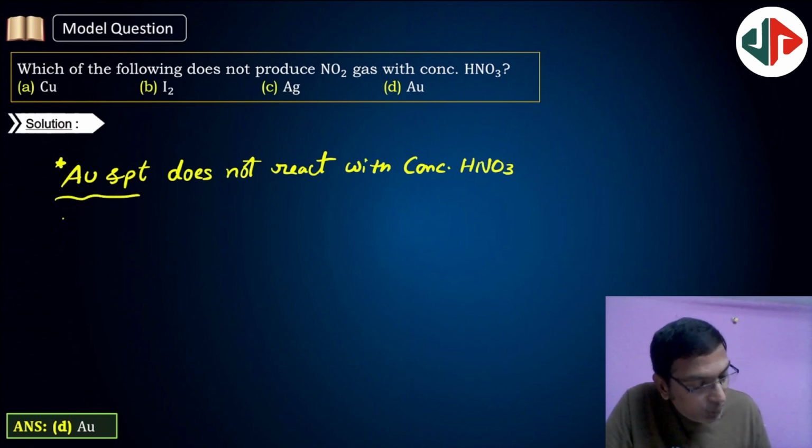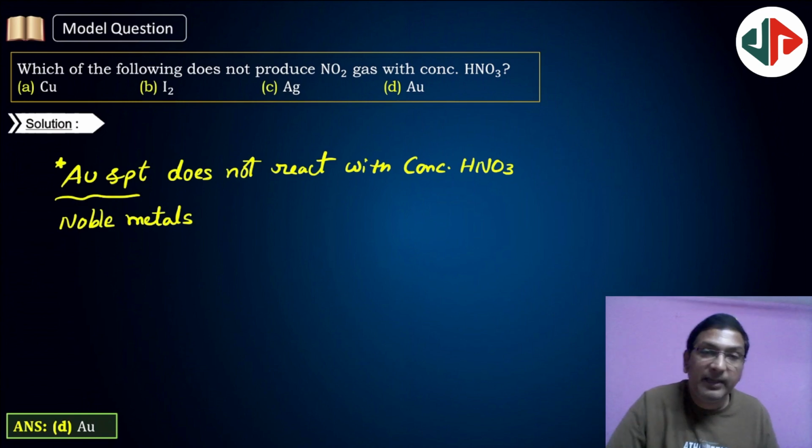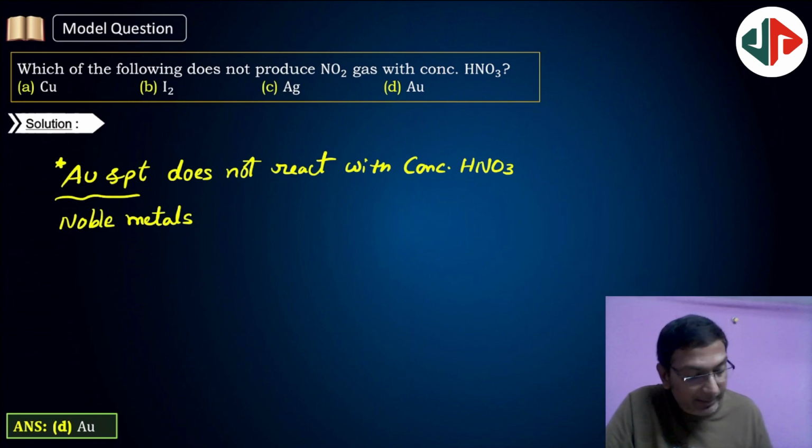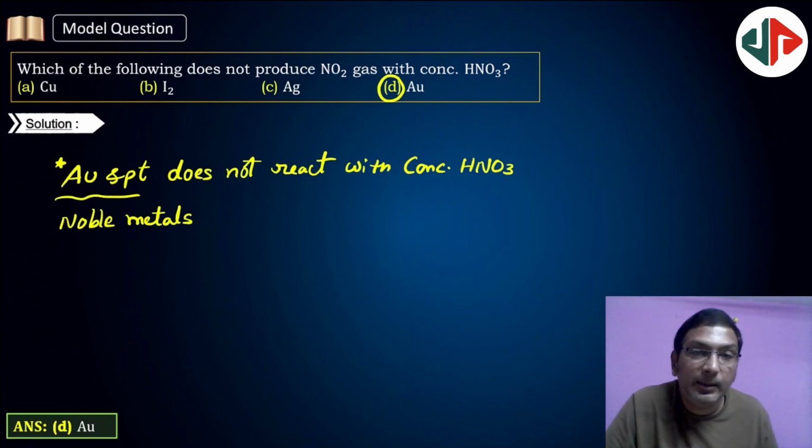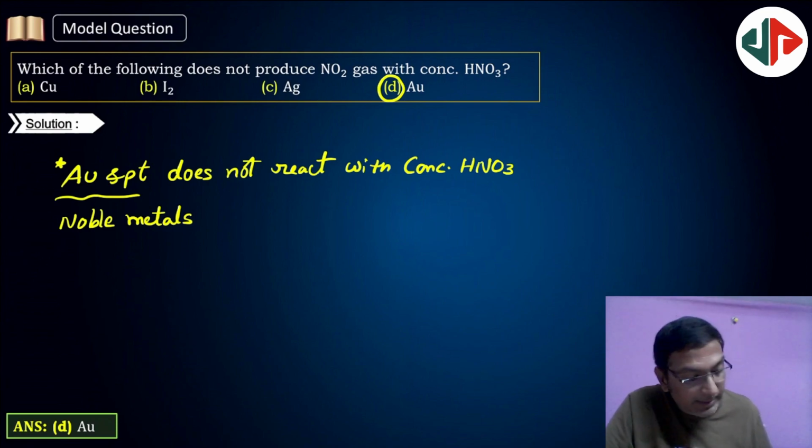So these two are noble metals. So these are unaffected by most of the reagents. Therefore, Au, option D. Remaining can react. Next.